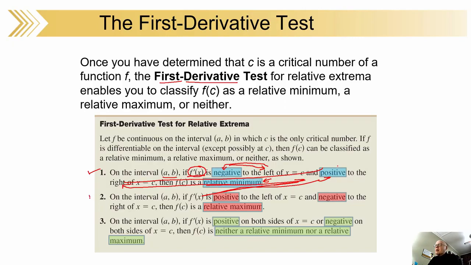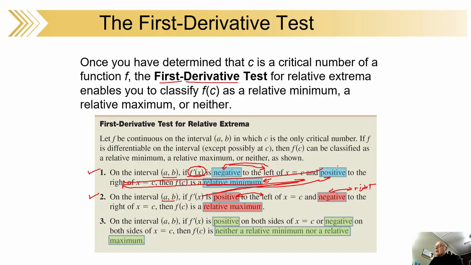And the second part is saying the same thing except reverse. You're talking about an interval, yes, and if the derivative is positive on the left, so these two things go together, positive on the left and negative on the right, you're going to have to test to see what it is.